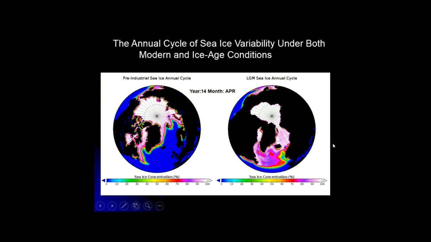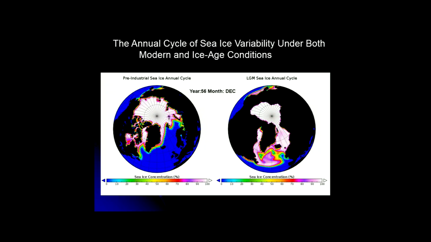This is basically showing the annual cycle in sea ice cover over the North Atlantic under glacial maximum conditions. And if you look at the LGM case, what you'll see in every winter, the southern extent of the sea ice front is as far south as the south coast of the Bay of Biscay, here in Europe.